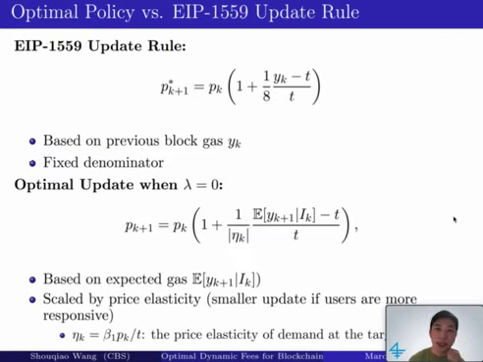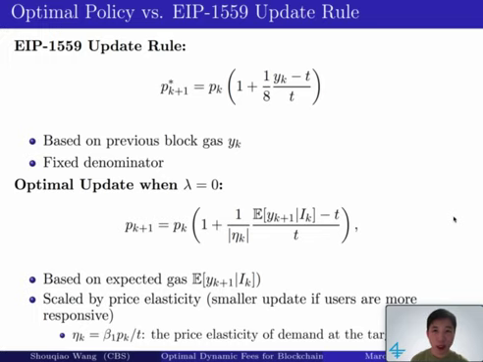In these slides, we compare our optimal policy to the EIP 1559 policy. In EIP 1559, the fee is updated based on the previous block gas used yk. However, in our policy, we're not directly using yk.